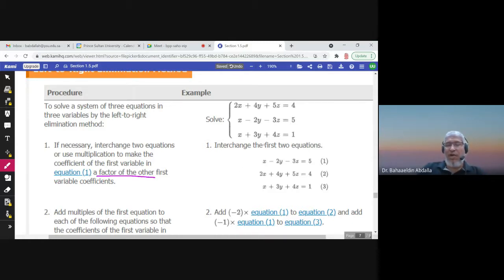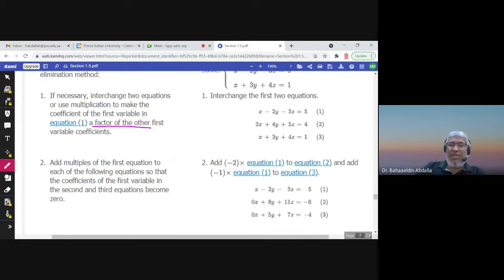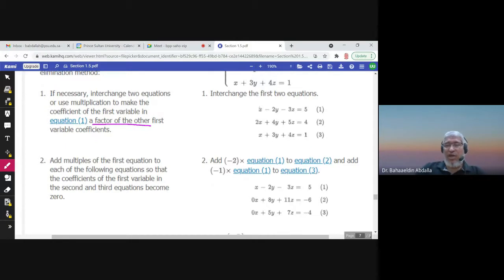All right, so I have coefficient 1 here, so we interchanged 1 with 2. So now I have x with coefficient 1 in the first equation. That's the first step. The second step, I use this one now, and I add a multiple of the first equation to each of the following equations to cancel the variable x.